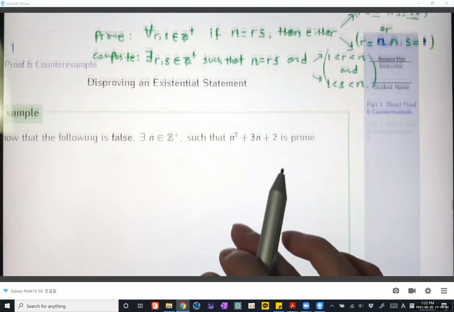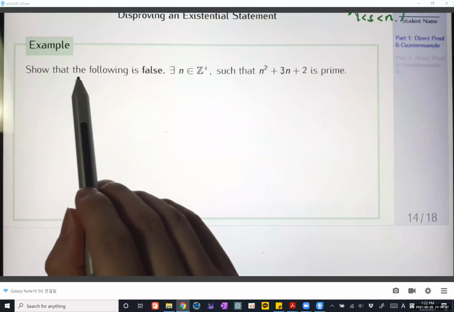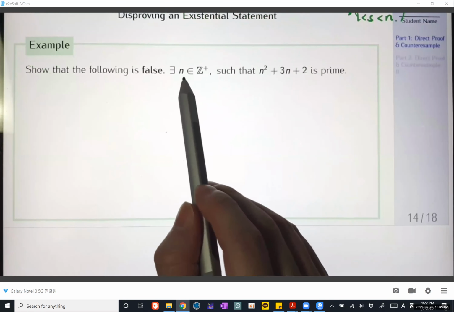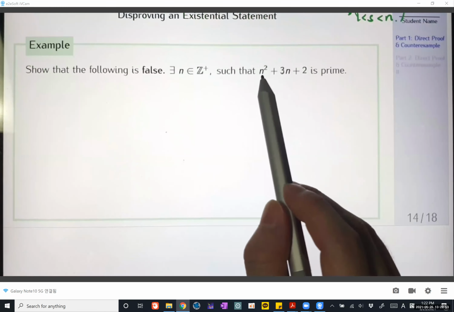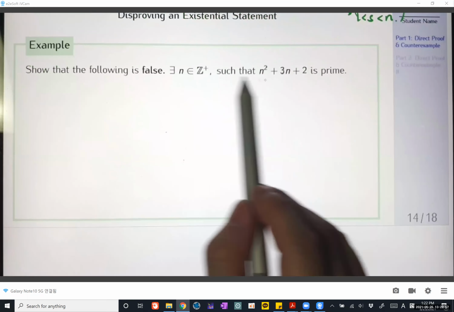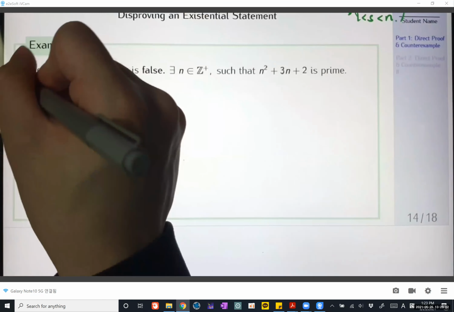For now, let's go ahead and disprove the following statement. Show that the following is false: there exists n in Z plus such that n squared plus 3n plus 2 is prime. We want to disprove this by using the negation of this statement. So let's write down the negation.